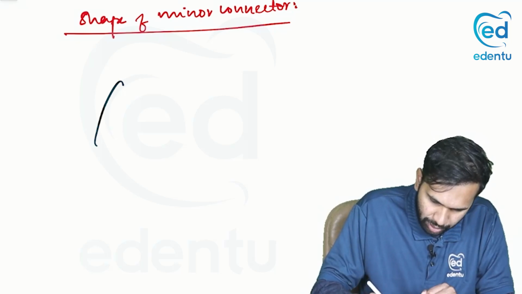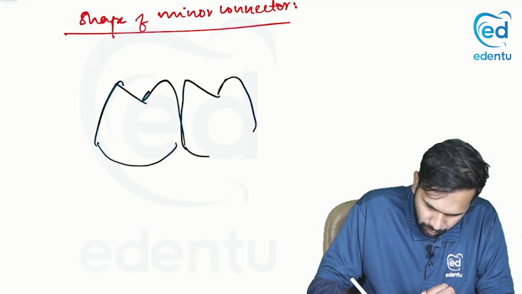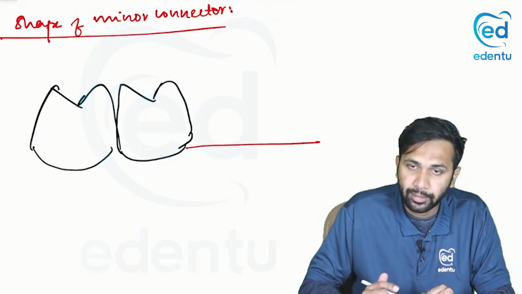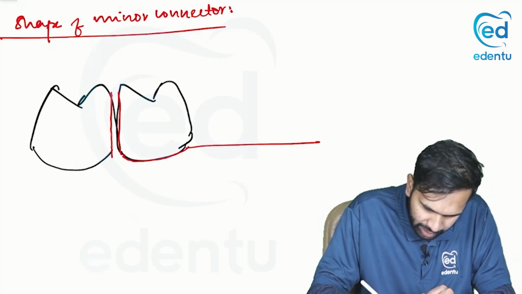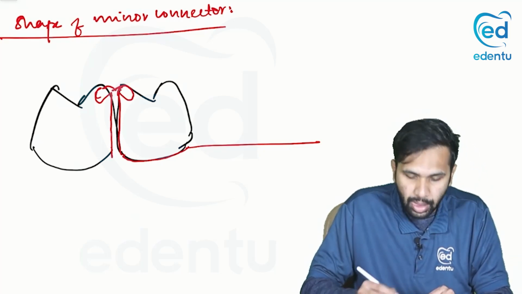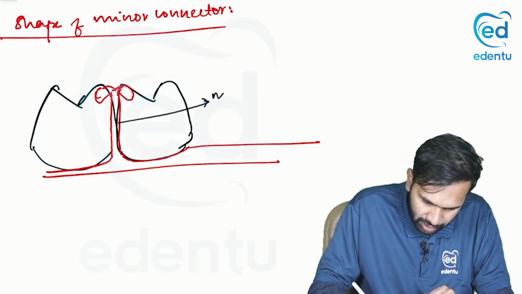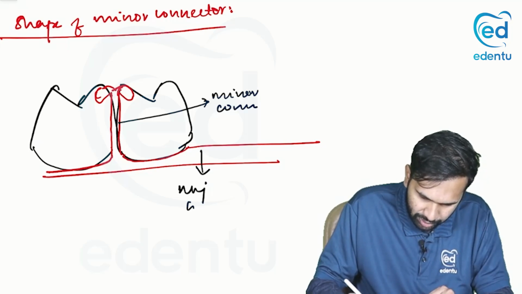Just imagine these are your abutment teeth. Let's say this span is edentulous. It has to go between the teeth and give an occlusal rest, like an embrasure clasp. So always your minor connector, this part, this is the minor connector, whereas this is the major connector.